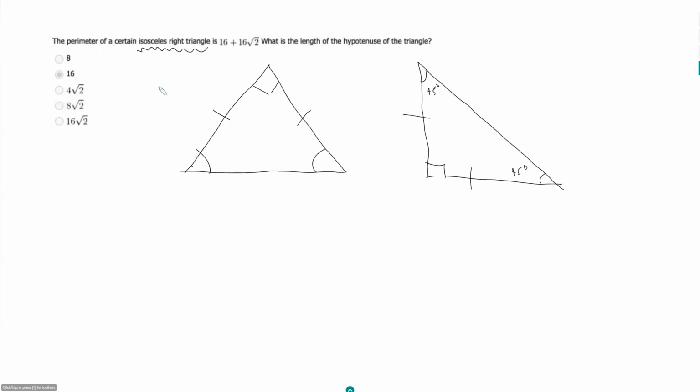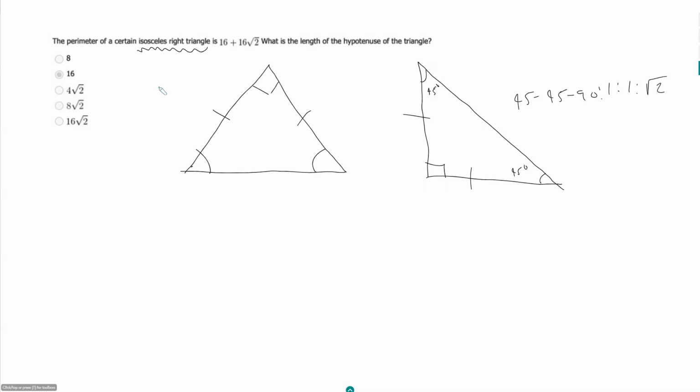So you might recognize this as a special type of right triangle, a 45, 45, 90 right triangle. And so this has a ratio of its sides in a ratio of 1 to 1 to rad 2.